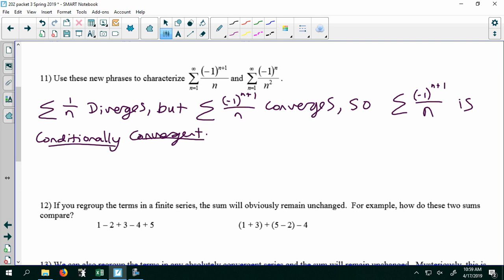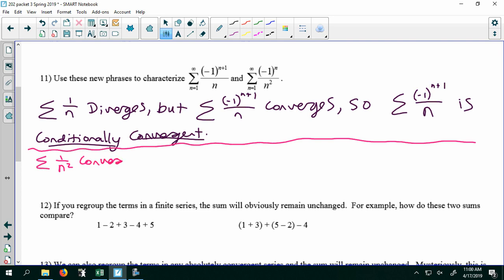And then for the 1 over n squared version, the sum of 1 over n squared converges, and thus the alternating version has to also converge by the absolute convergence test.